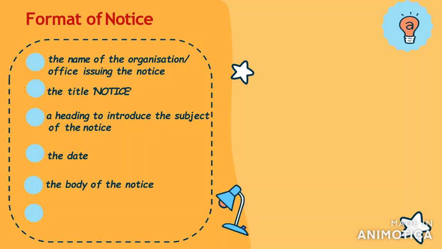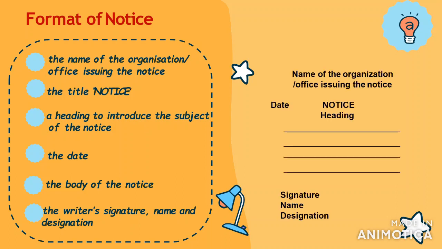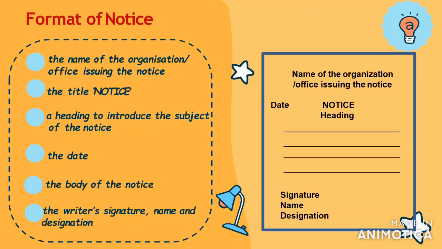Finally, the notice is concluded with the writer's signature, name and designation. So when we write all these details, our notice would look something like this. However, our work is incomplete because we have to put the entire information within a box. Now we can say that our notice is complete.